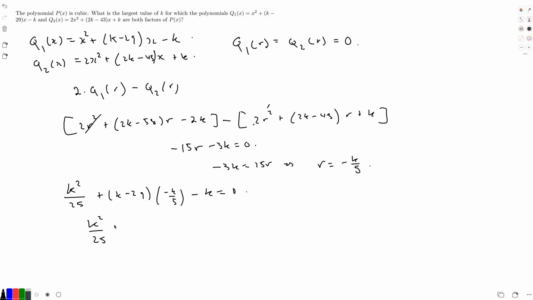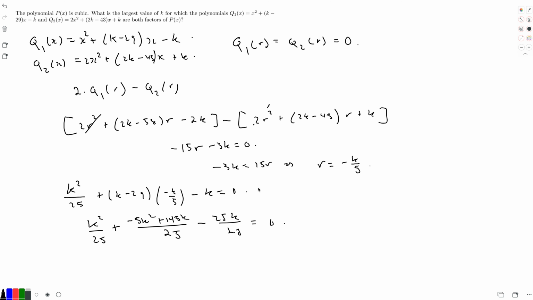This gives us negative 5k squared plus 145k over 25, and then negative 25k over 25, is equal to 0. Good.